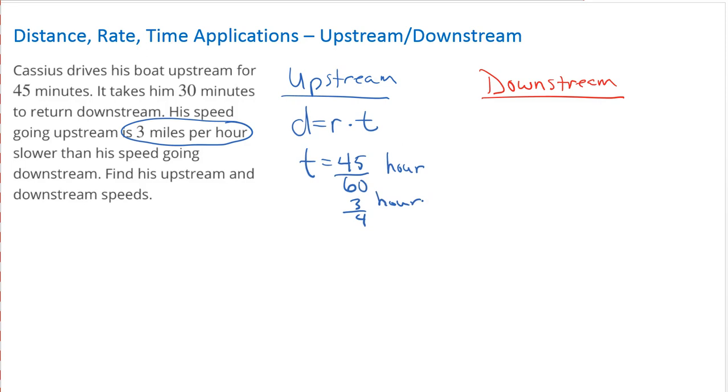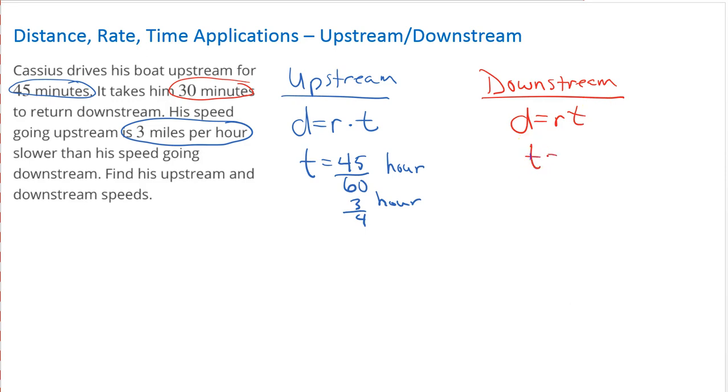Do we know anything else? Do we know the rate? Do we know the distance? Well, let's keep reading. He drives his boat upstream for 45 minutes. It takes him 30 minutes downstream. So let's stop. We've used the 45 minutes upstream. And let's use the 30 minutes downstream. Now that's time in the downstream area. So we're going to have a distance equals rate times time.